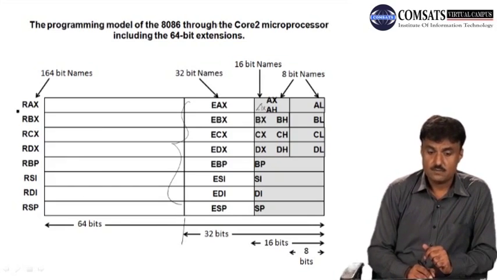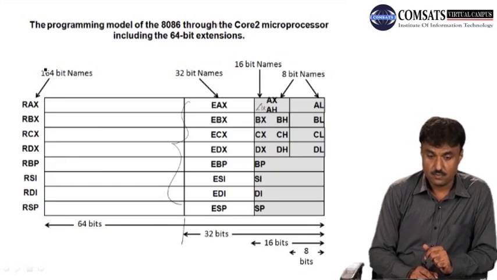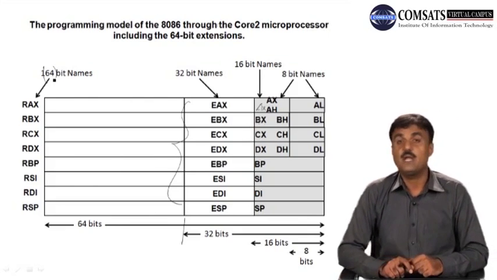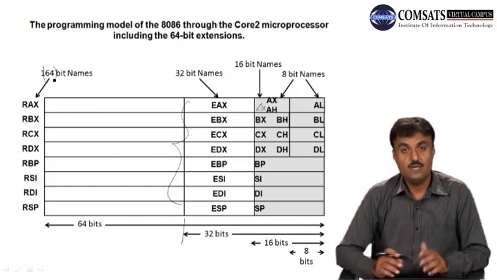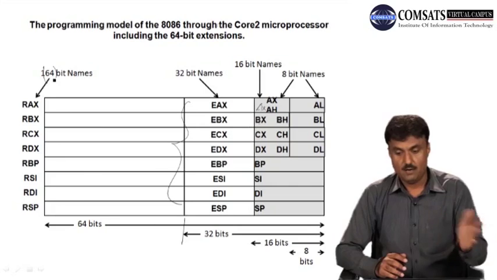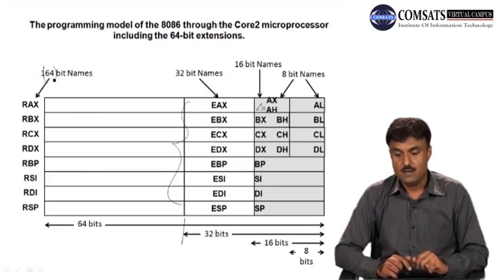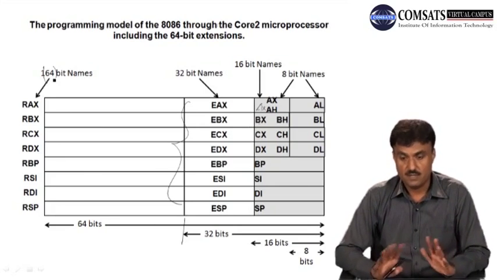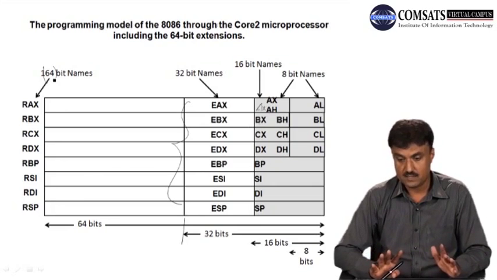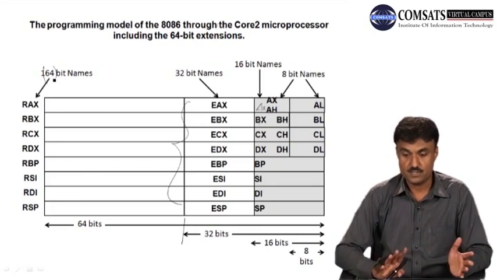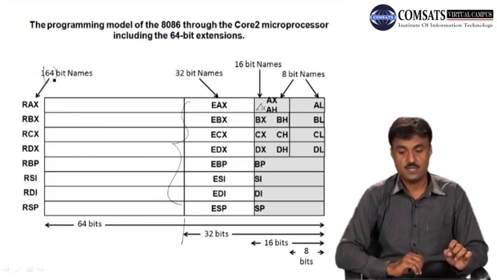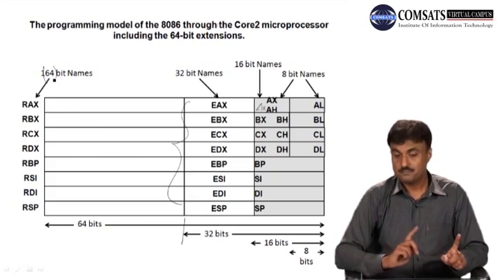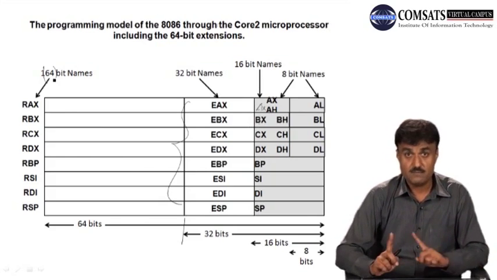Now for 64-bit architecture, their names are RAX, RBX, only R has replaced the E. Their main function is almost similar for EAX and EBX, as accumulator, data register, stack pointer, base pointer, destination index, source index, and so on. But their names are different.